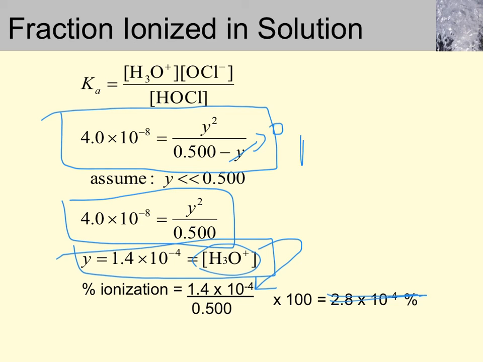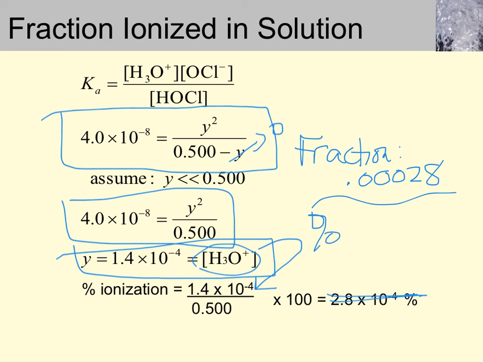All right, so if you were doing the fraction ionized, if it wasn't a percent, that would be right. Okay, that is the fraction. The percent ionization would be that times 100, which is 0.028. Alrighty.